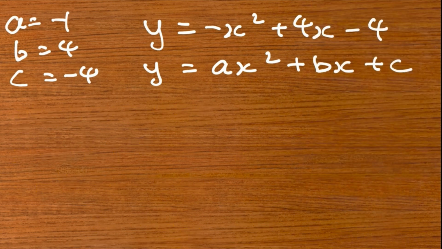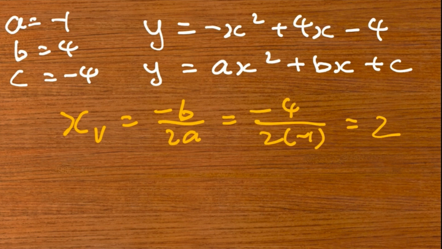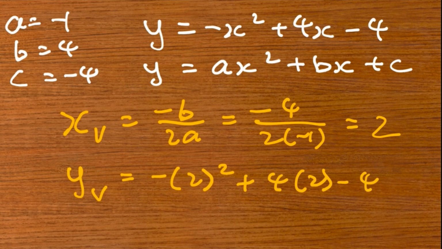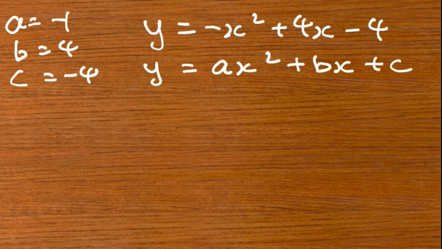Next, let's find the vertex. Applying our -b over 2a, we get 2. We'll substitute xv back into the quadratic equation to get yv, the y-coordinate of the vertex. This gives us 0. So putting everything together, the y-intercept is equal to -4.